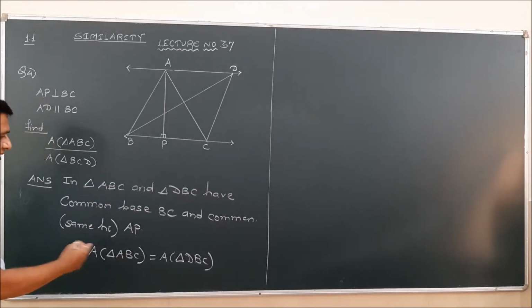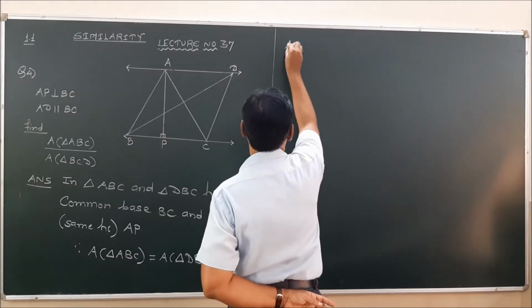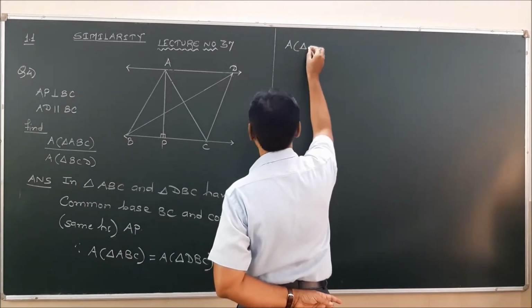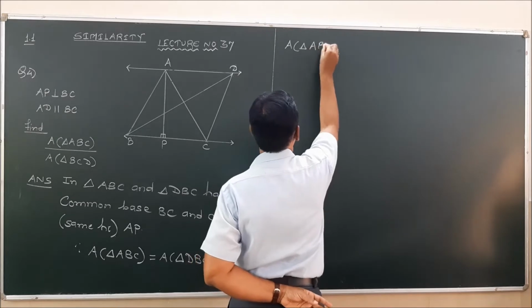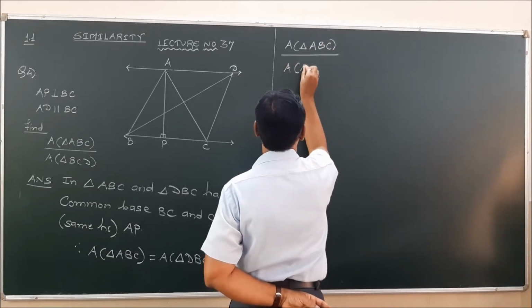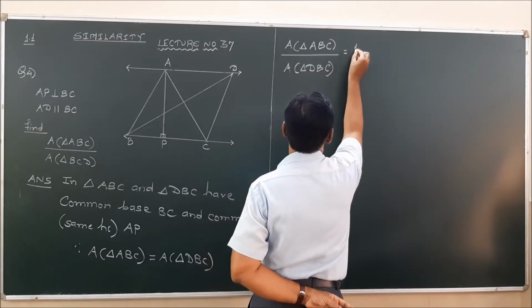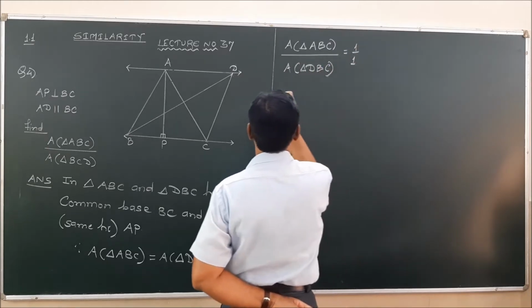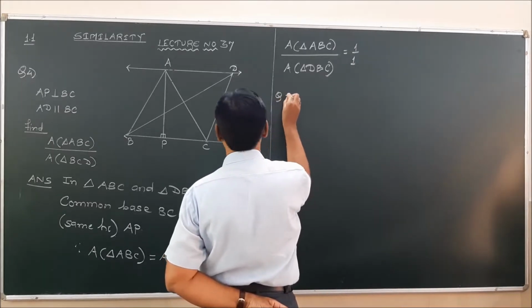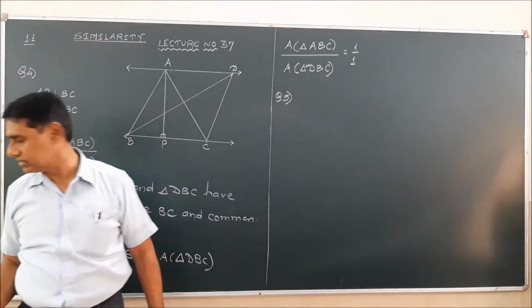Therefore, the ratio of area of triangle ABC upon area of triangle DBC is 1:1. Very simple sum, but you must give the description for the same.